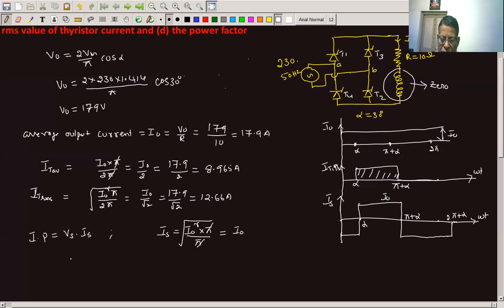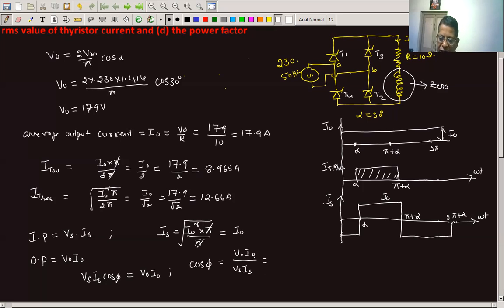Now output power is equal to V naught into I naught. So the input power factor: input power Vs Is cos phi is equal to V naught into I naught, so cos phi equals V naught into I naught by Vs into Is.